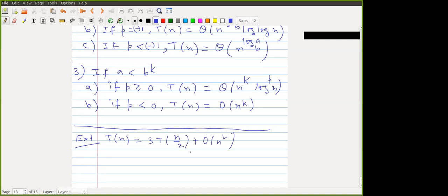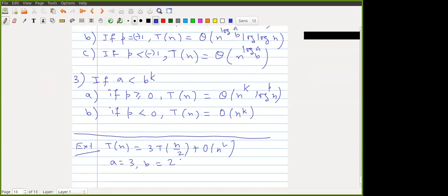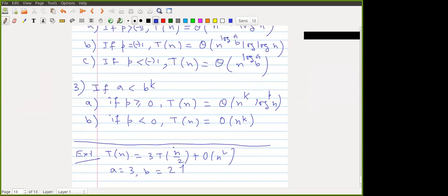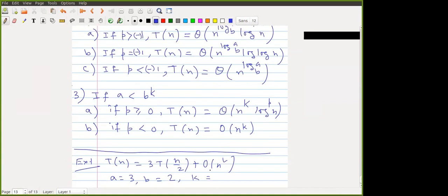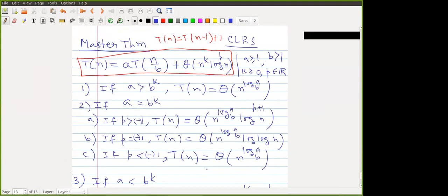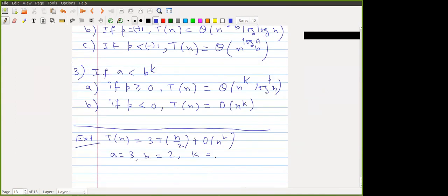In that case, a is 3, b is 2, and k is 2. So this counts as the a is less than b to the power k case, and p is 0.